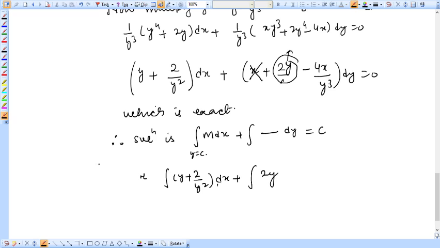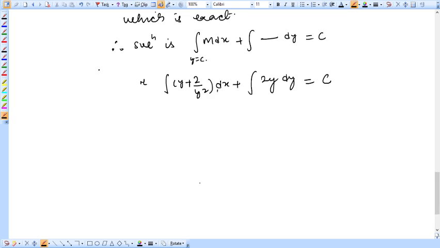The third term again contains x, so we will not be including this, equal to the constant of integration. So now integrating we get xy plus 2x over y square plus y square over 2 equal to c. This is the solution of the given differential equation.